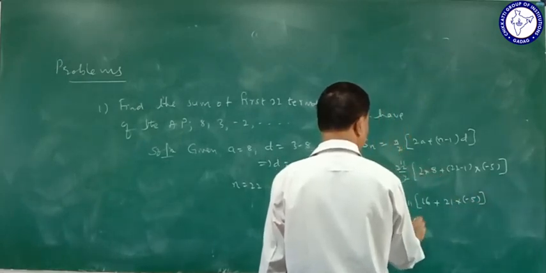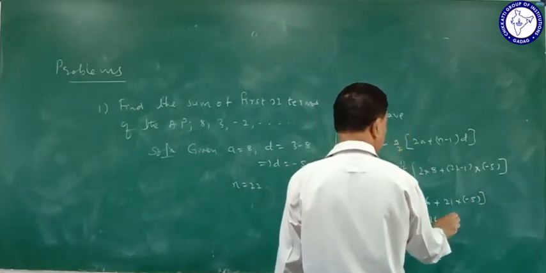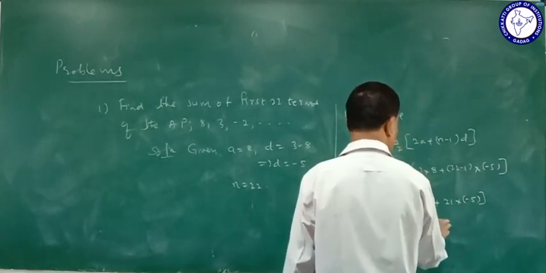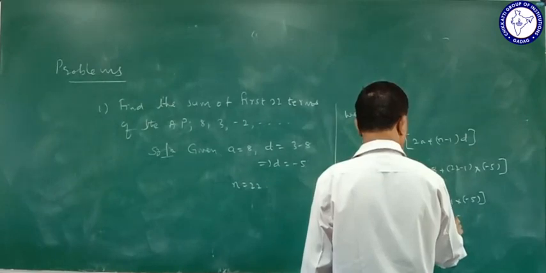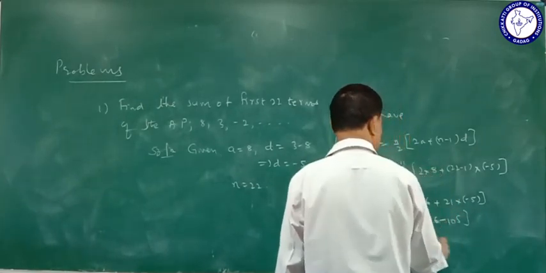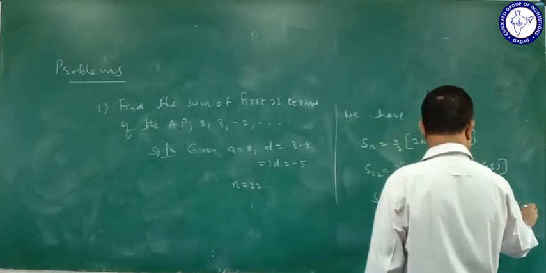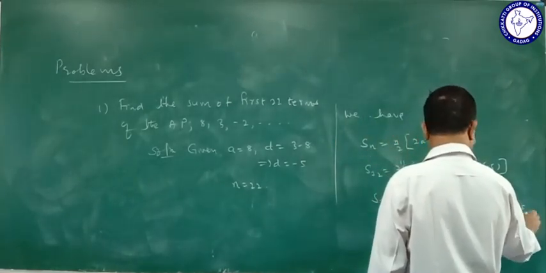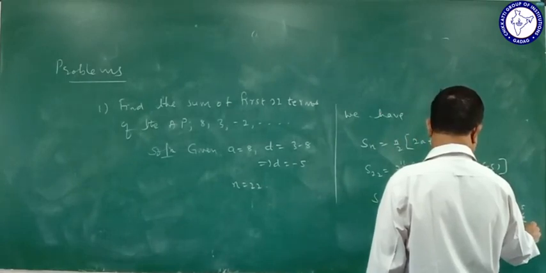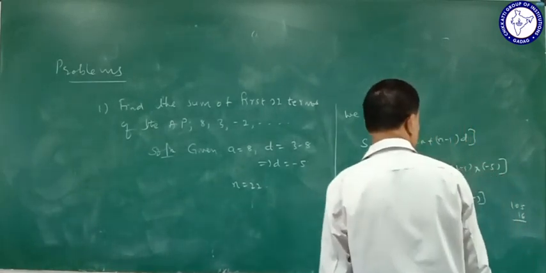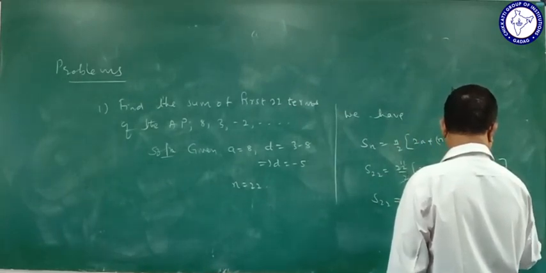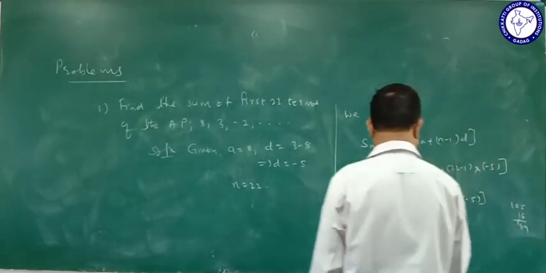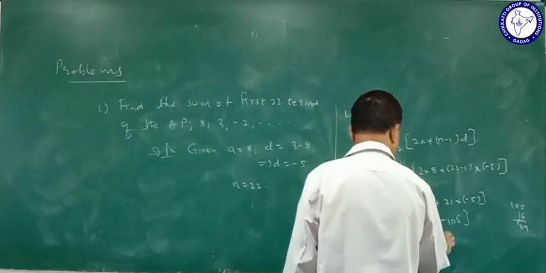So this is equal to 11 into [16 plus, multiplying, minus 105], since 5 ones are 5 and 5 twos are 10, so 21 into 5 is 105. Now 105 minus 16 gives 89, so it is minus 89.